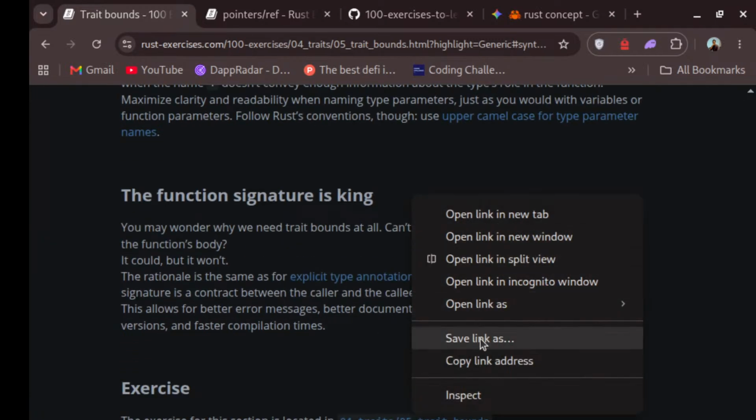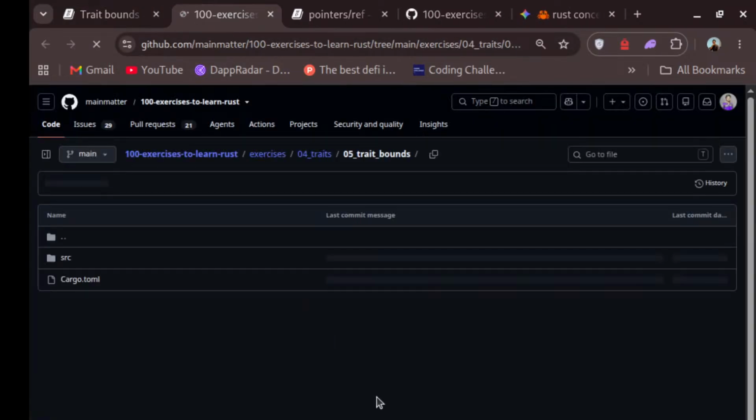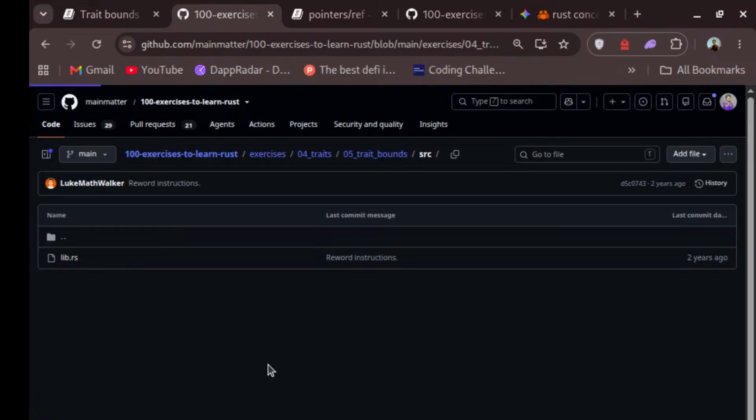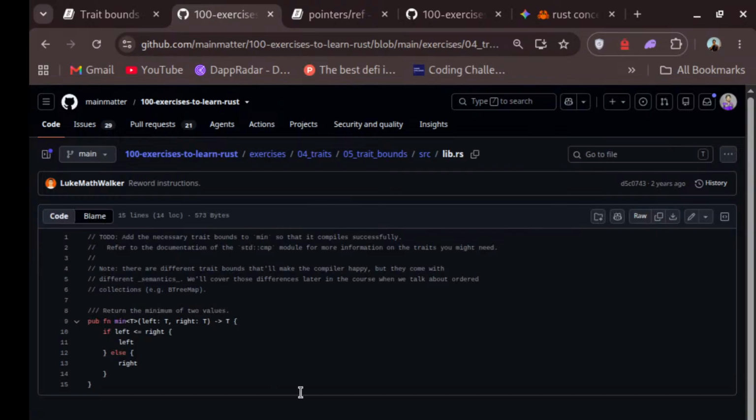Okay, let's see. Trait bound. Here we are passing a generic, and here you can see a necessary trait is needed so that the compiler compiles successfully.